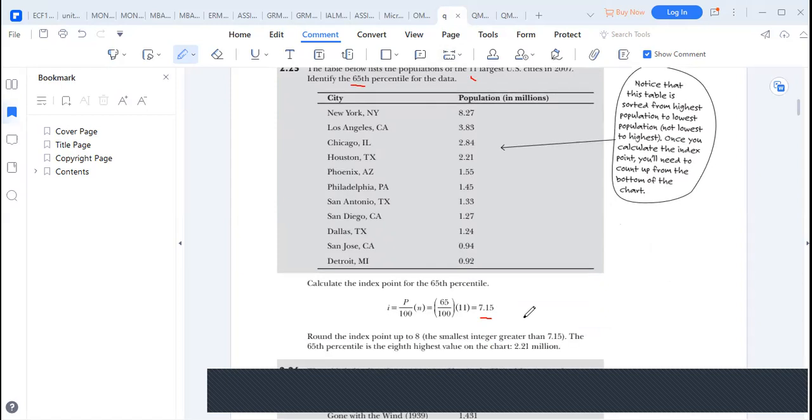We round up to the upper integer, so even if it's 7.05 or 7.95, we get the eighth figure. Counting from here, 1, 2, 3, 4, 5, 6, 7, 8. So our 65th percentile is 2.21.